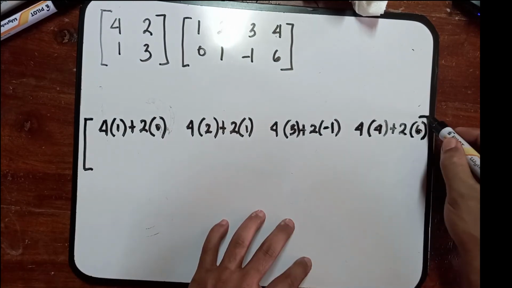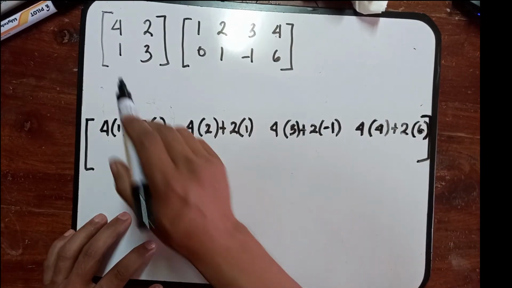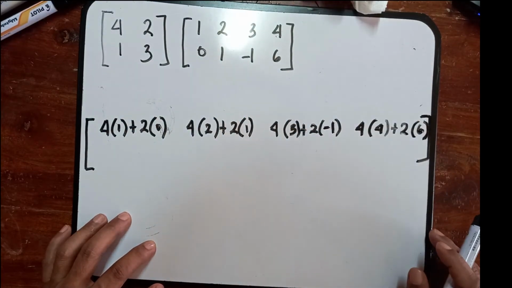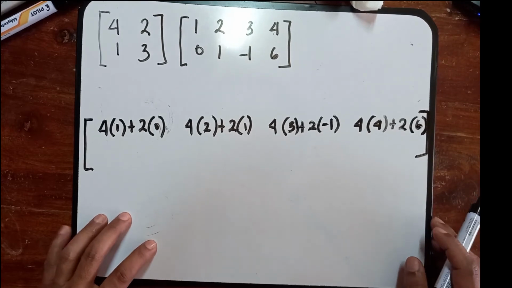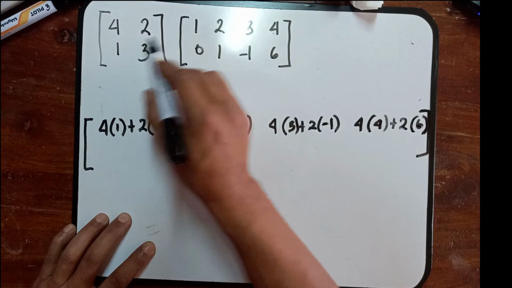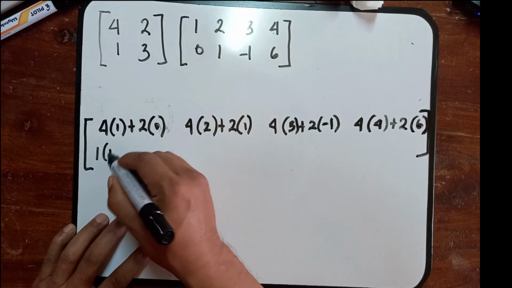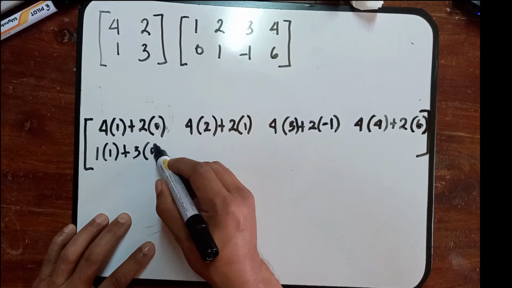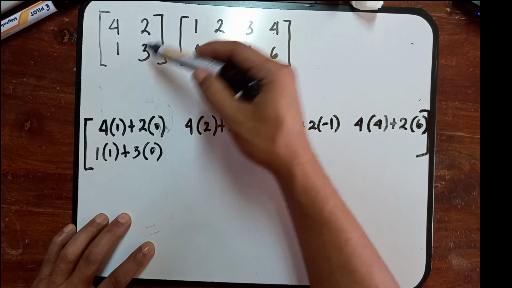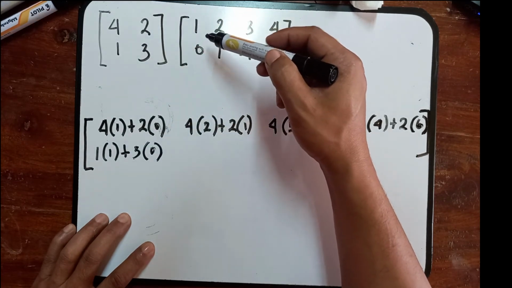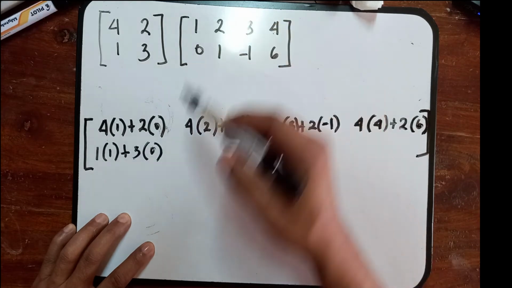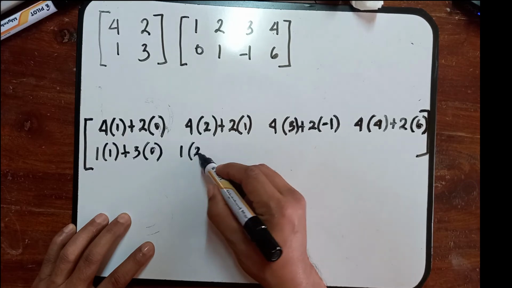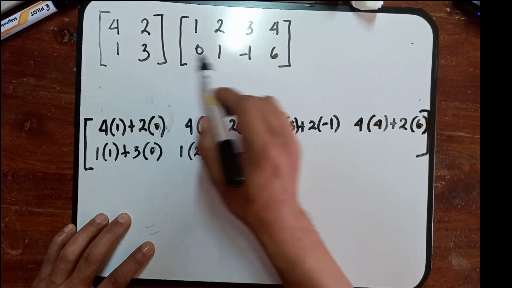The next move is to go to the second row and multiply this second row against the columns of the second matrix. Let's start: 1 times 1 plus 3 times 0. We are finished multiplying the second row by the first column, so the next move is to multiply the second row by the second column: 1 times 2 plus 3 times 1.